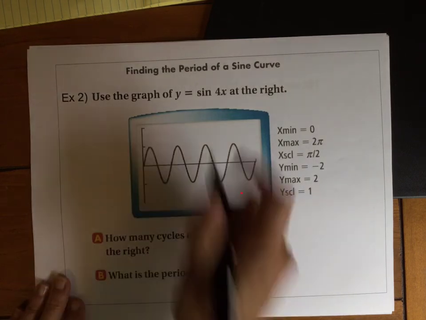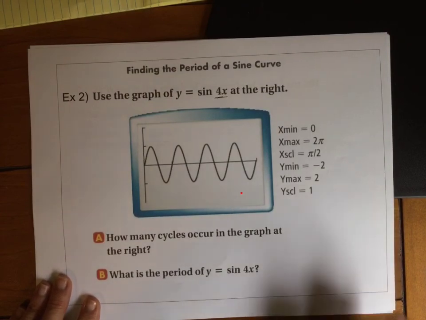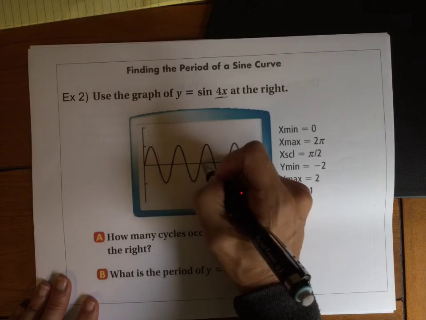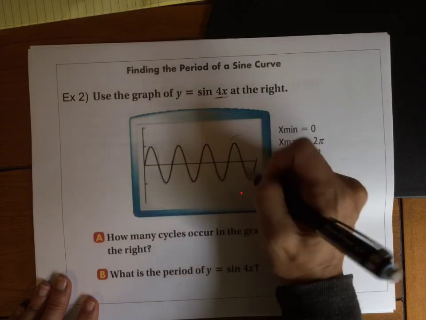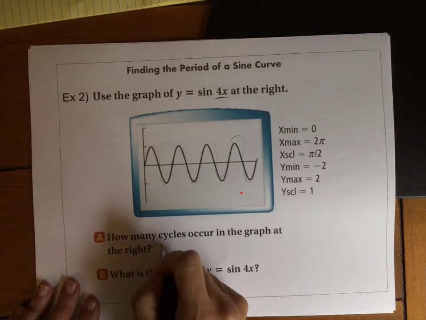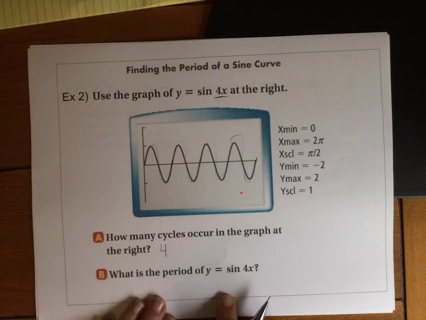So let's just see if the b matches the b given up there. I expect 4 cycles. So here's 1 cycle, 2, 3, 4. So that is true. So how many cycles occur in the graph at the right? 4 does.